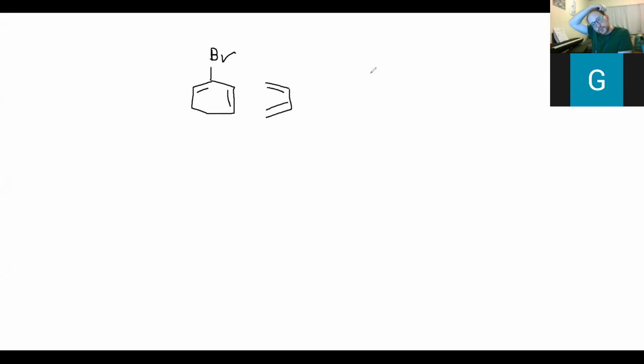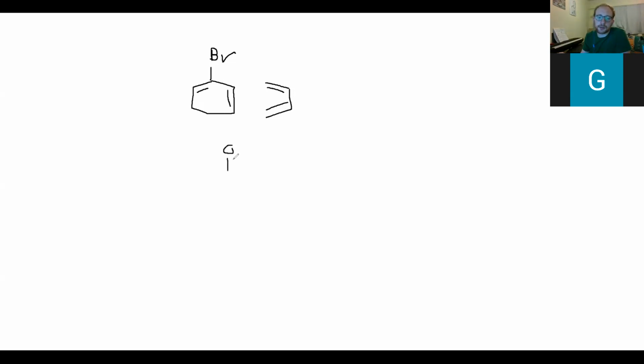But here we have some real challenges with selectivity as to whether or not this is going to react as the diene and this the dienophile, or will this react as the diene and this the dienophile? Will this instead react with this alkene? Selectivity here is a big problem.